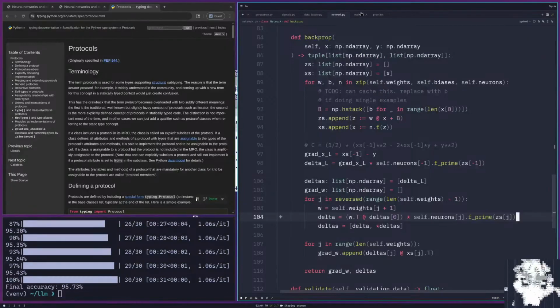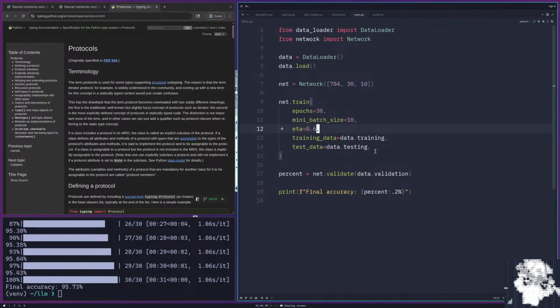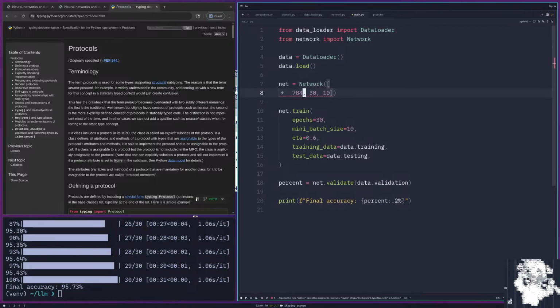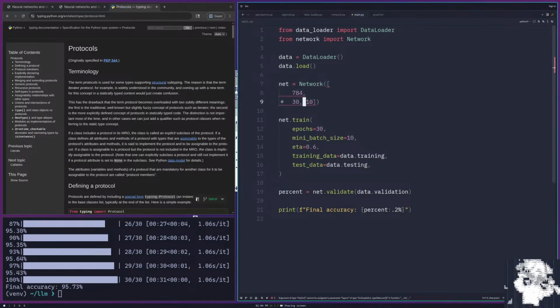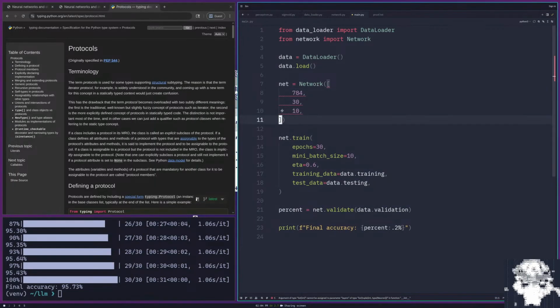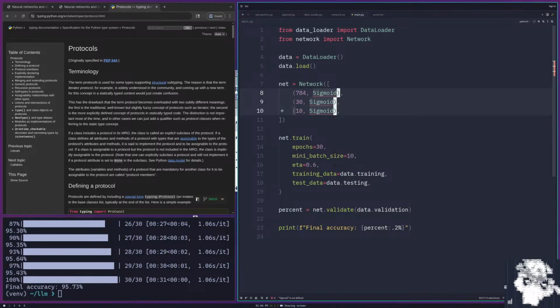Okay. Now when we call this, the way we want to initialize it is like this. For each of these, it's a tuple where you say something like sigmoid.